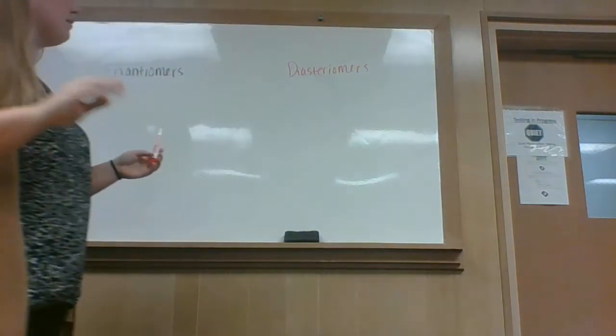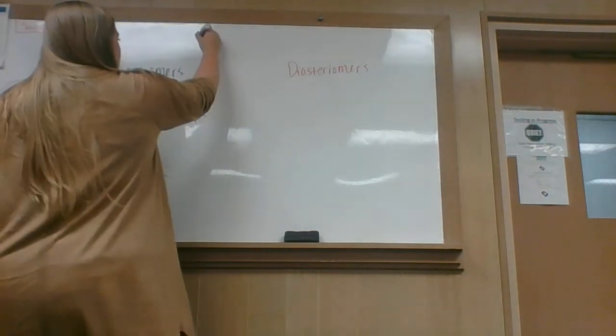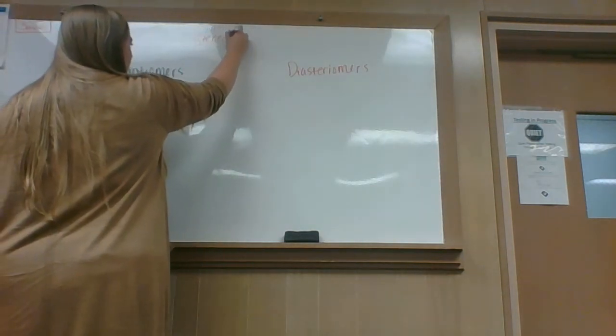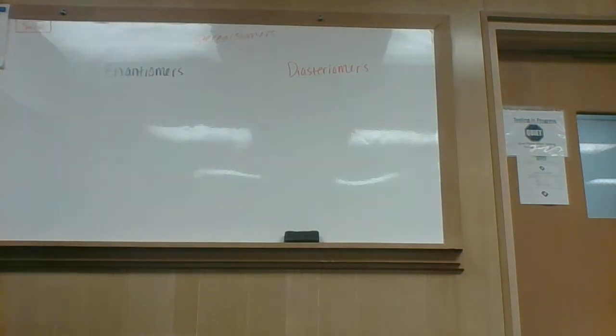Okay, so let's first talk about the definition of these two, because that right there will tell you a lot of information. Both of these are referred to as stereoisomers. This differs from what you talked about in the first or second chapter, which are called constitutional isomers. So make sure to keep those separated.